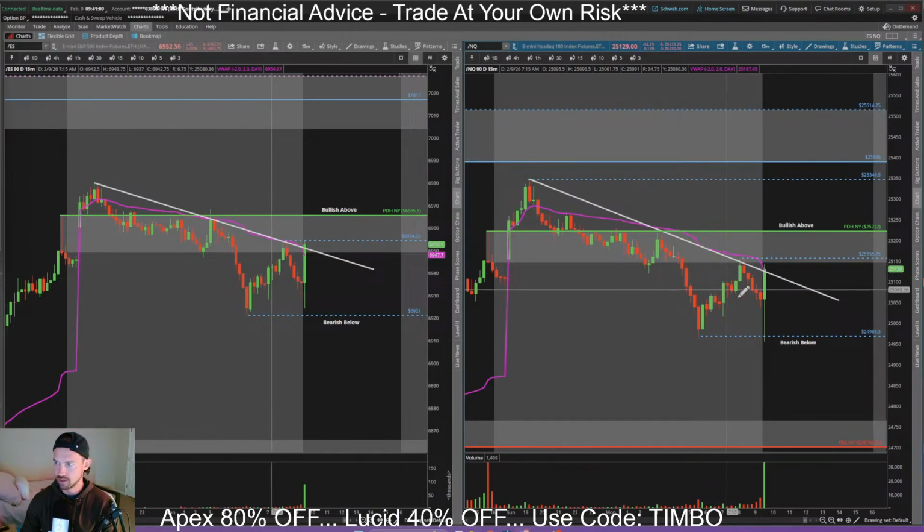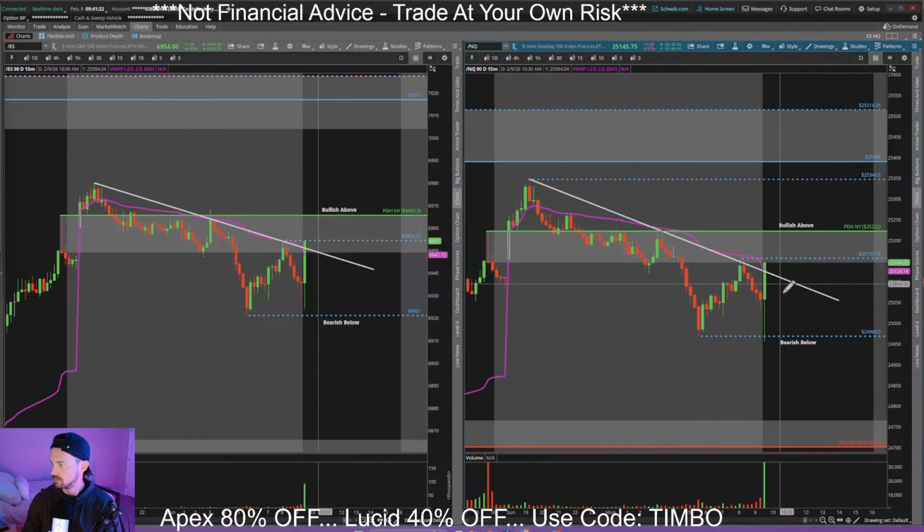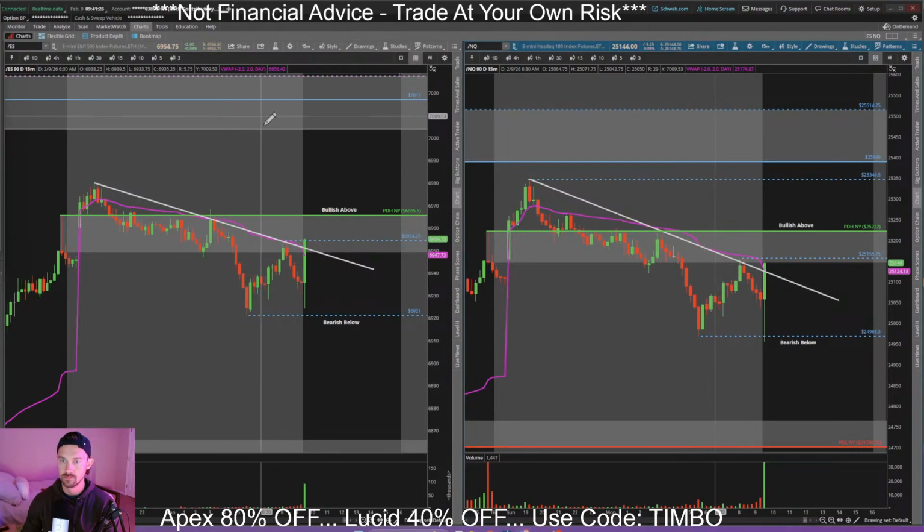Alright, getting that push up here. Kind of coming to that pre-market resistance on both ES and NQ. Got a few minutes till this 15-minute candle closes. But they're pushing it.